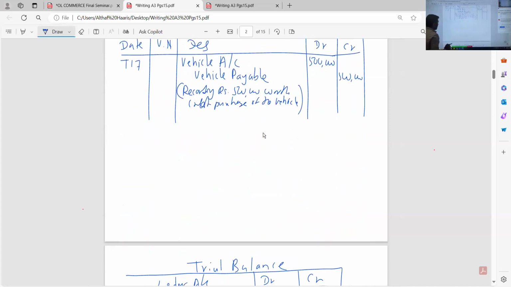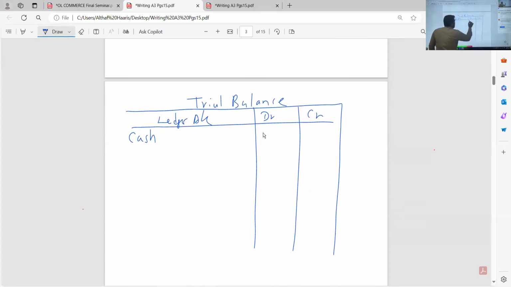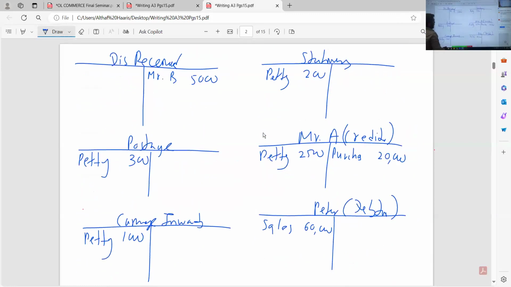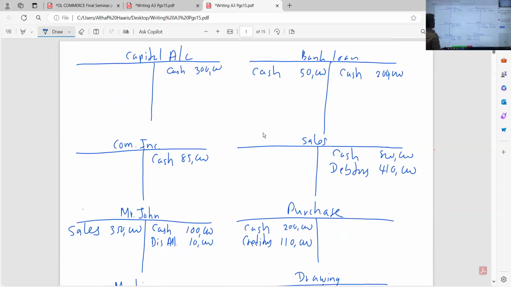Cash debit 948,000 because it is an asset. Petty cash 1,000. Now let's take one by one from here. Let's start from the top.